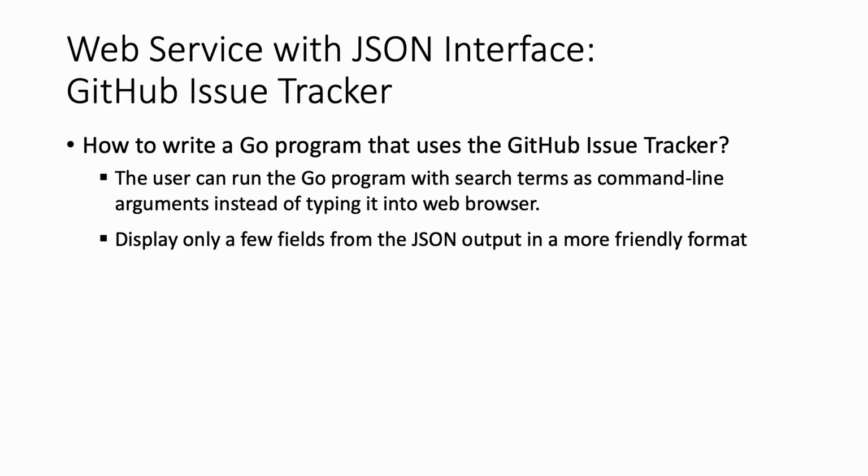The main purpose of this lecture is to show you how to write a Go program that uses the GitHub issue tracker. Then the user can run that Go program with search terms as command line arguments instead of typing it into a web browser. The program will display only a few fields from the JSON output in a more user-friendly format.